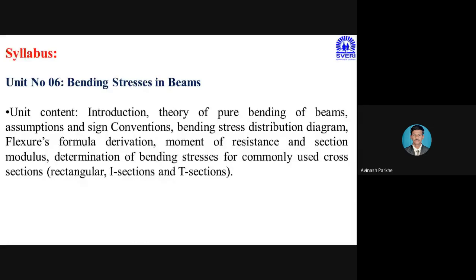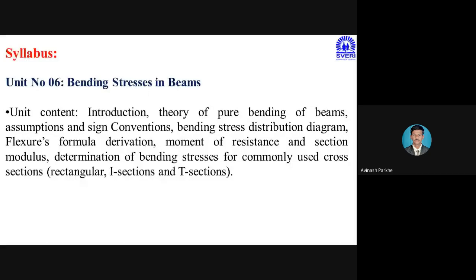Then we have to discuss a very important concept, the theory of pure bending. This is one theoretical concept which we have to discuss. What is meant by the theory of pure bending? Because based on this theory, some MCQ based questions are also there. Then the second point is the assumptions.